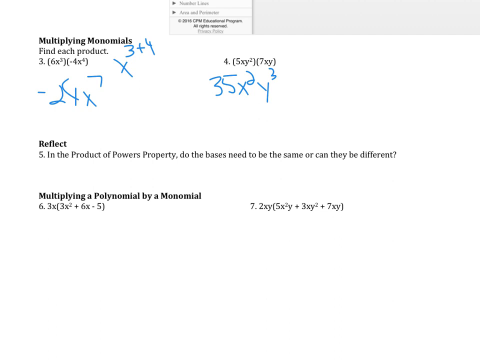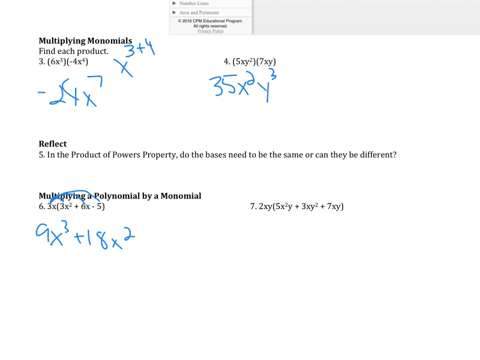All right, now multiplying a polynomial by a monomial. We distribute so that 3x gets multiplied to 3x squared. So 3 times 3 is 9. x times x squared is x cubed. 3x times 6x, so 3 times 6 is 18, and then x times x is x squared.